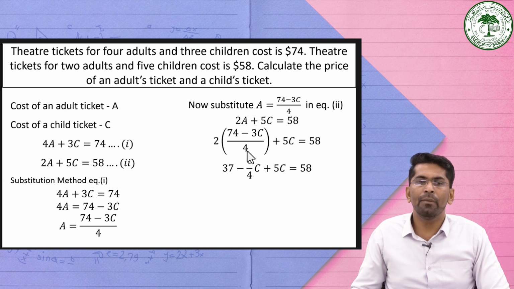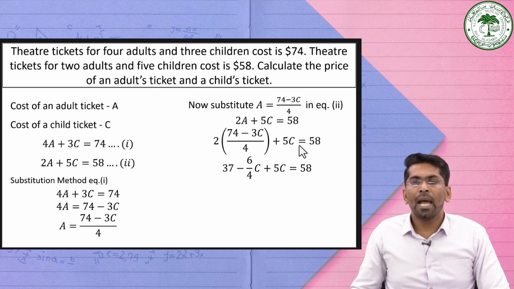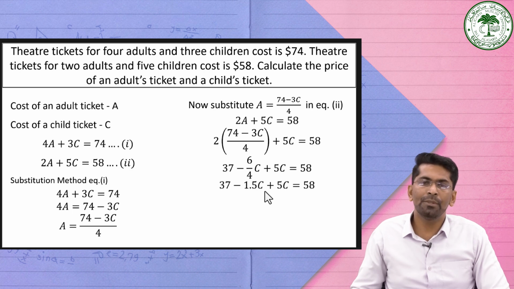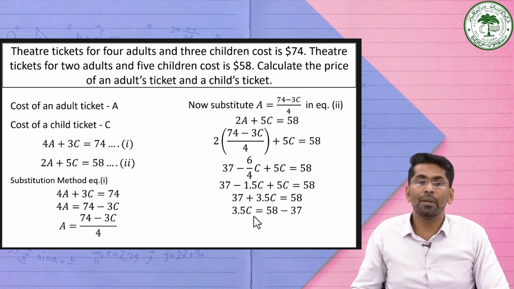Multiplying by 2 and dividing by 4, 2 into 74 divided by 4 is 37, and 2 into 3C is 6C, and 6 divided by 4 is 1.5C, plus 5C, which is equal to 58. Simplifying, 6.5C plus 37 is equal to 58, so 3.5C is equal to 58 minus 37.